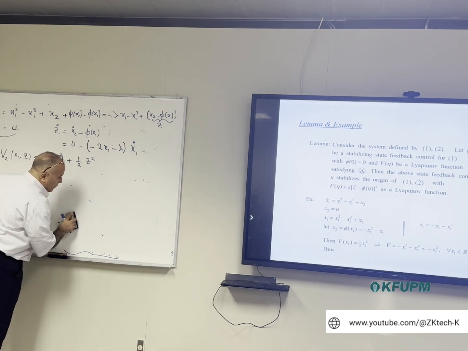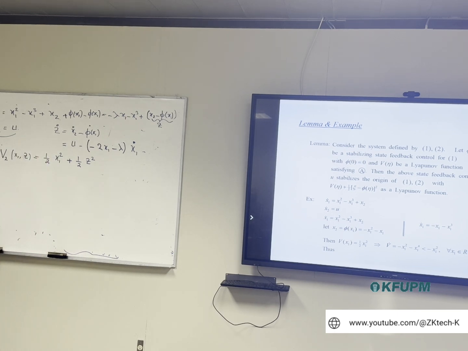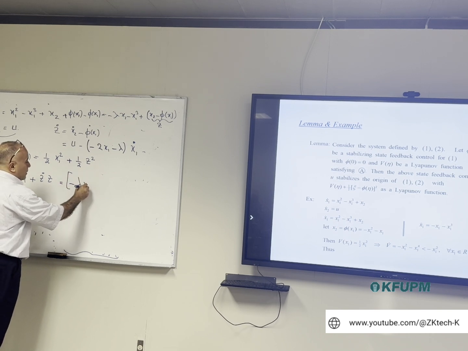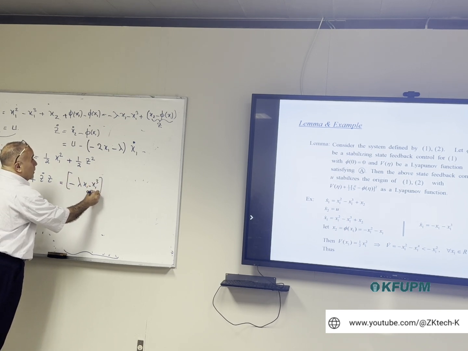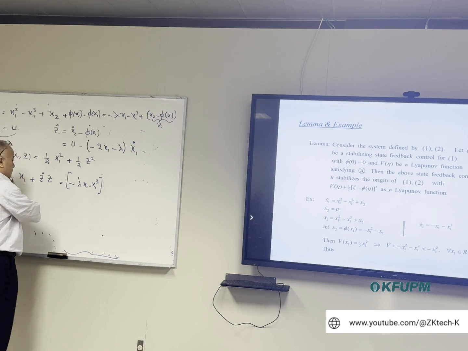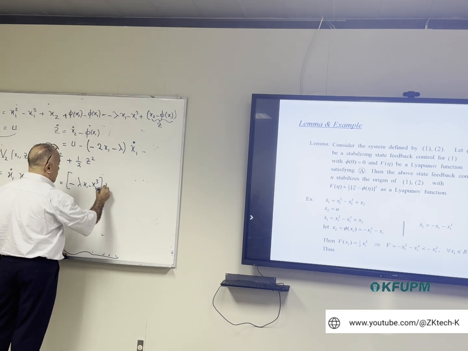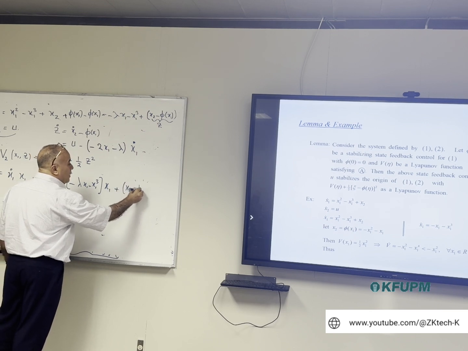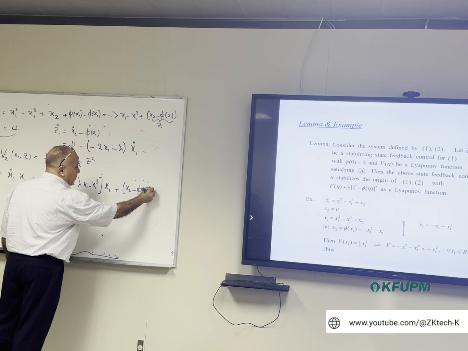Okay, we take the derivative. So x1 prime multiplied by x1 plus z prime multiplied by z. This is v2 prime. This will be equal to minus lambda x1 minus x1 cubic multiplied by x1, plus x2 minus phi of x1 multiplied by x1.